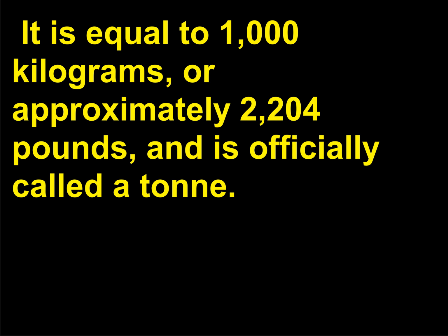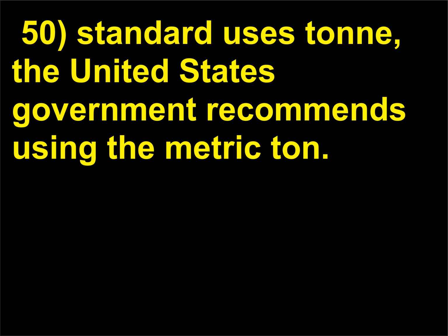It is equal to 1,000 kilograms, or approximately 2,204 pounds, and is officially called a ton. Although the international system, SI, standard uses ton, the United States government recommends using the metric ton.